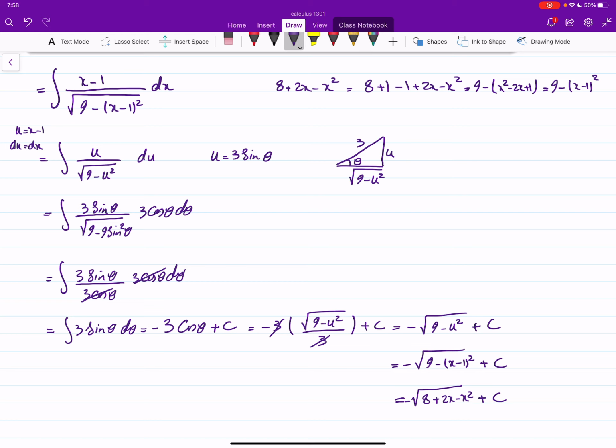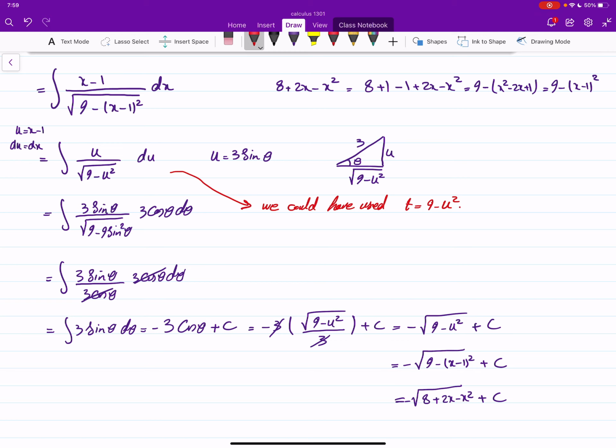Here you may have noticed that at this point, after that, we could have used the simple substitution, say t equals 9 minus u squared. That would work as well.